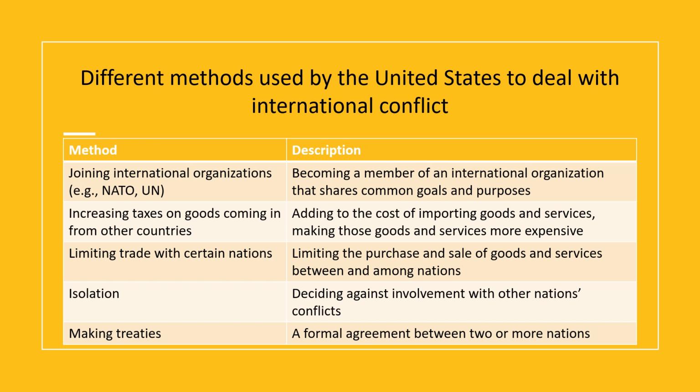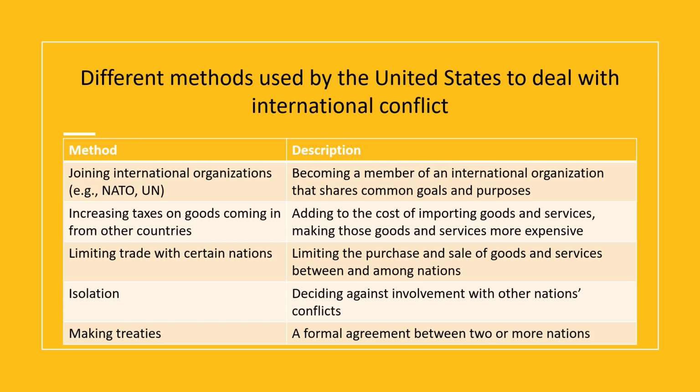The United States might also increase taxes on goods coming in from other countries, and by adding to the cost of importing goods and services, those goods and services might be more expensive, thus making U.S.-based goods and services that are similar or the same to those goods and services being imported more competitive, because they're then going to be less expensive compared with the imported goods and services because of the increased taxes placed on those imported goods and services.